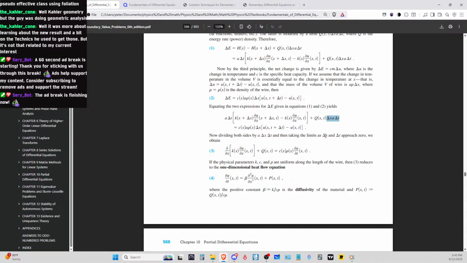Then take the limits of delta x and delta t to approach 0. Okay, so this will be 0, this will be 0, and this will be 0.